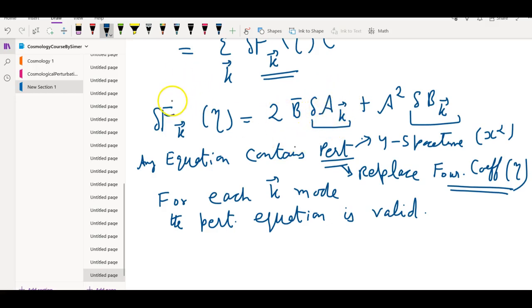Like we have the original expression, 2b bar delta a plus a square delta b. Just replace it with delta a k, delta b k. That's it. And then the whole equation will remain as it is. Just replace with Fourier coefficients.